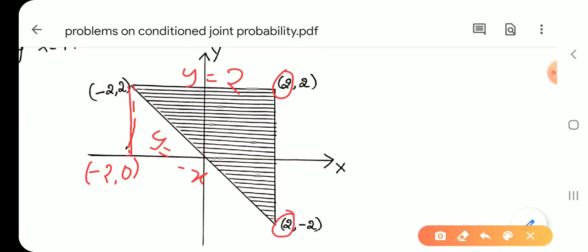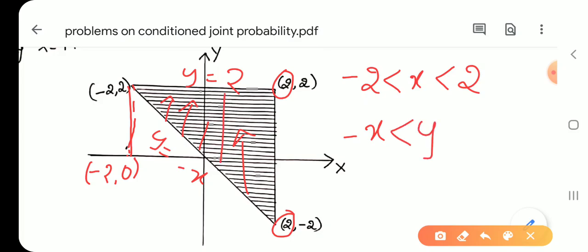So x varies from minus 2 less than x less than 2, and y, if you take from bottom to top, the shading starts from minus x. If I go upwards, shading starts from minus x less than y, and y ends at 2. So minus x less than y less than 2.